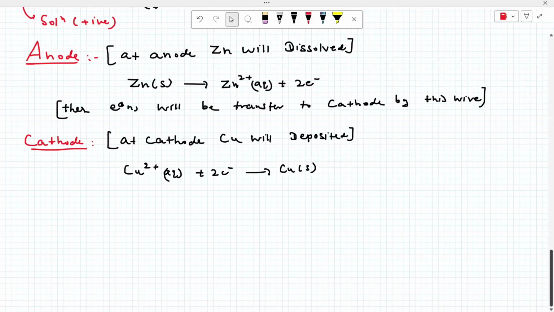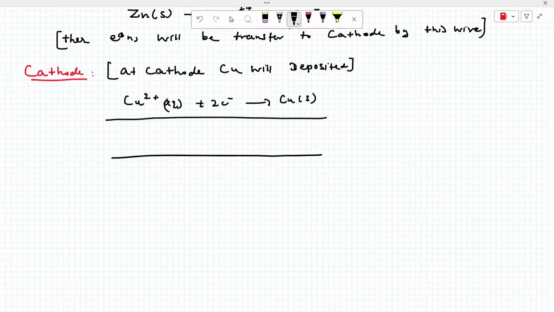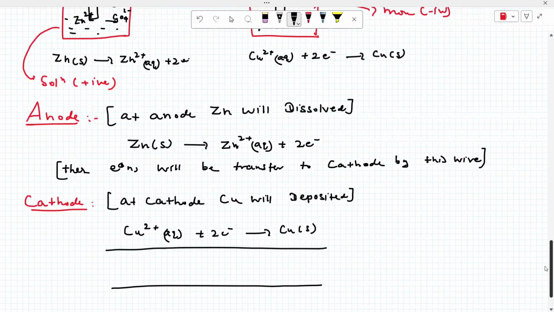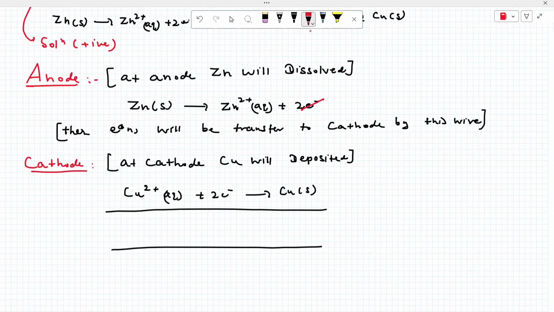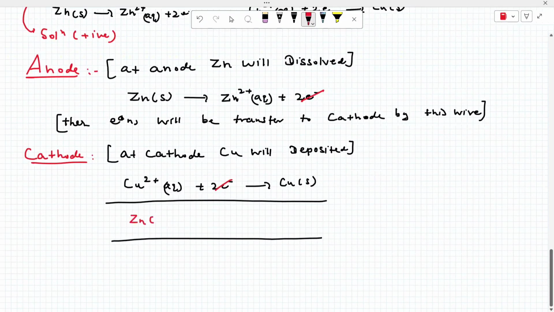Now see, I am going to add these two equations to get the net reaction. If we add these two equations, the electrons cancel. Now what is the equation? Simple: Zn solid plus Cu2+ aqueous gives Zn2+ aqueous plus Cu solid.